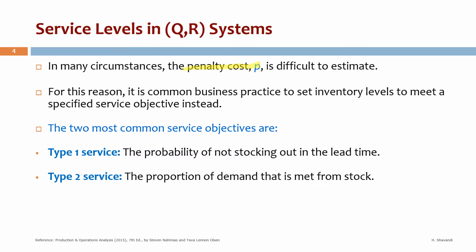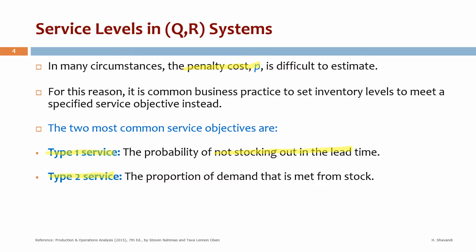In that case, we can apply an alternative approach, which is called the service level approach. Here we have two types of service levels, type 1 and type 2. Type 1 is defined based on the probability of not stocking out in the lead time.